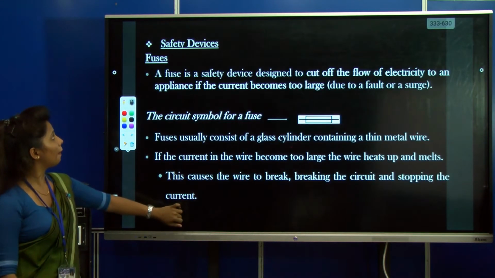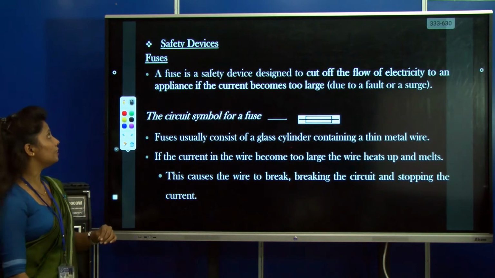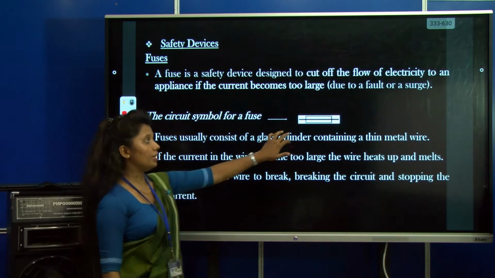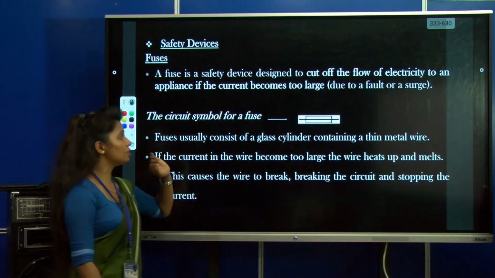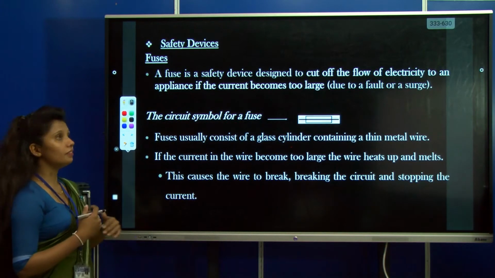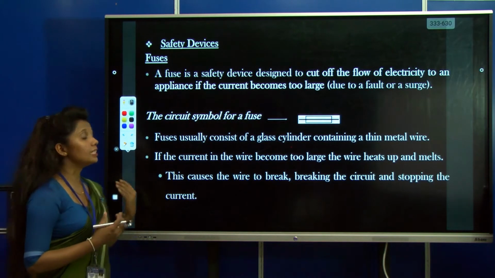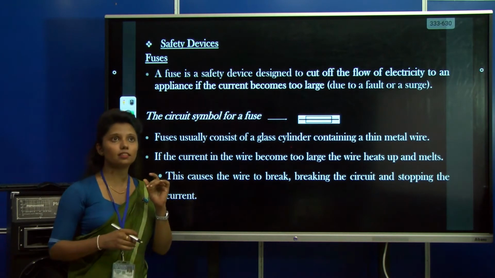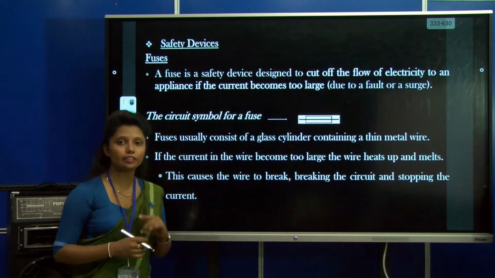Next, safety devices. We are going to talk about fuses. Here is the symbol of a fuse. A fuse, as we discussed, is a safety device that we use in a circuit. It is something in cylindrical shape.